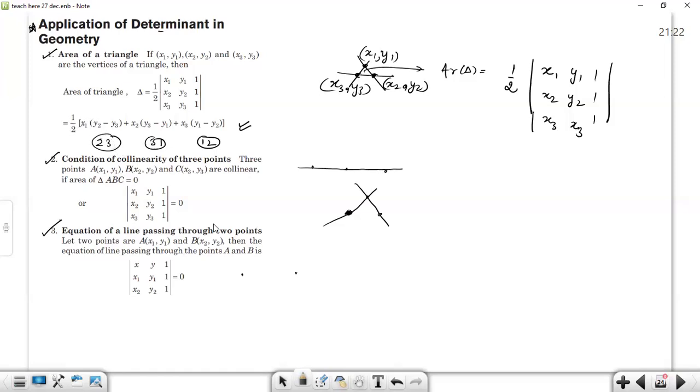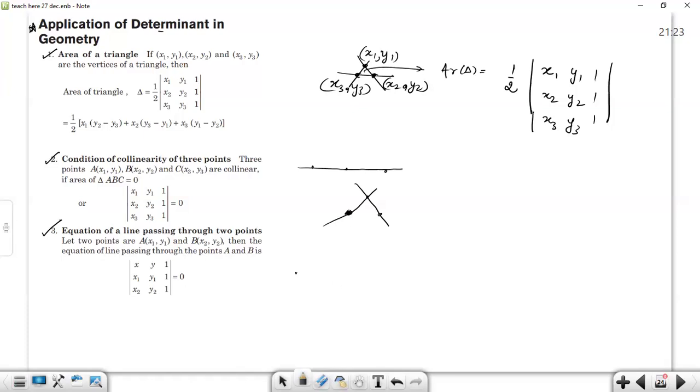And if you're not that person who likes cramming, then simply go with the determinant form. You have to write the vertices x1 y1, x2 y2, x3 y3, and the third column will be having 1 1 1. Then you will be able to find out the area of any triangle.